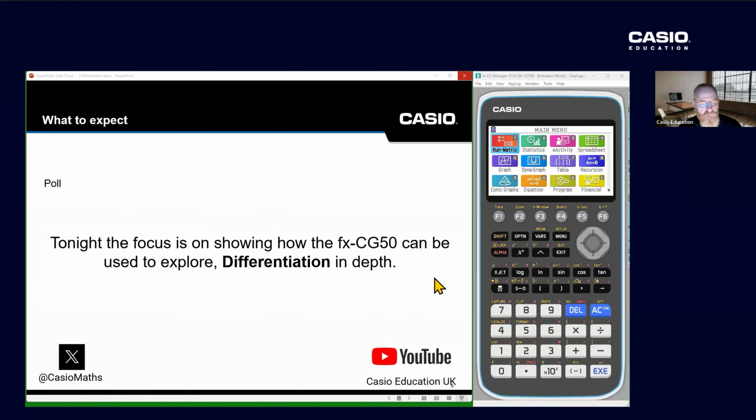Like I said, tonight we're looking at differentiation. And what does that mean? Well, to start off, if you wouldn't mind, if you could just have a look at the poll on the screens so you can give us a clue as to what handsets you are using, whether you use the CG50 or not.